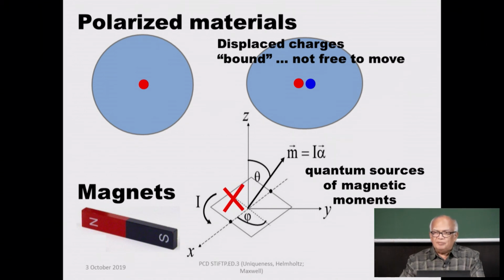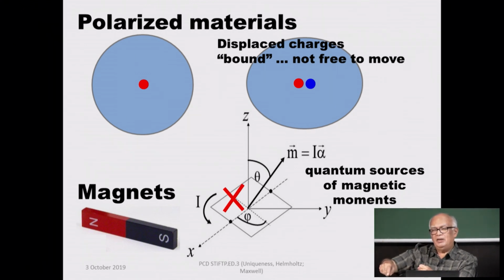Because what is an orbit? An orbit is like a planet's motion around the sun. That's an orbit. And you can define an orbit only if you know its position and momentum together. And position and momentum are not simultaneously measurable.